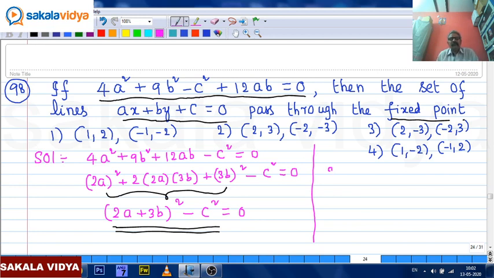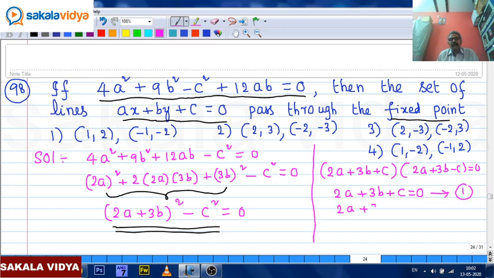So, that means 2a plus 3b plus c into 2a plus 3b minus c equals 0. That means here we get two conditions, 2a plus 3b plus c equals 0, equation 1, 2a plus 3b minus c is equal to 0, equation 2.